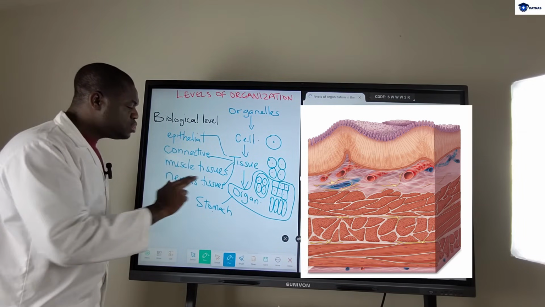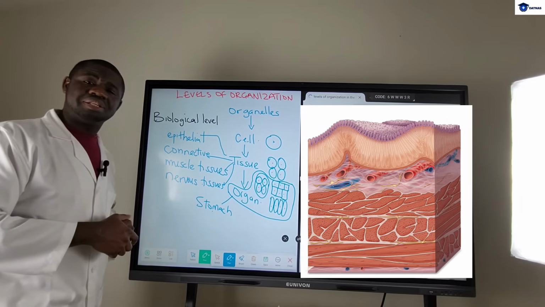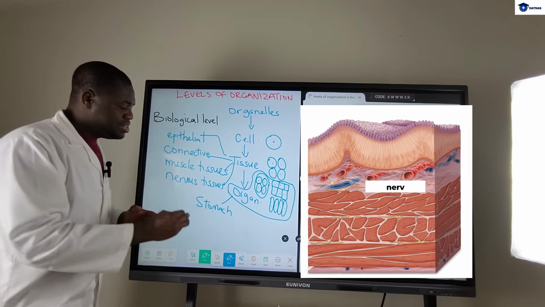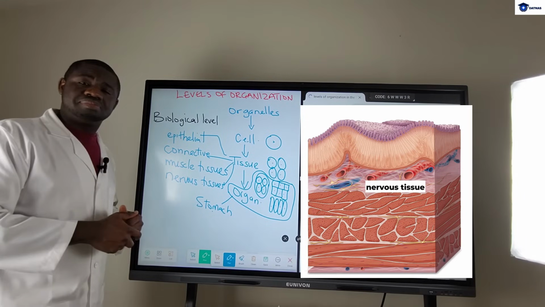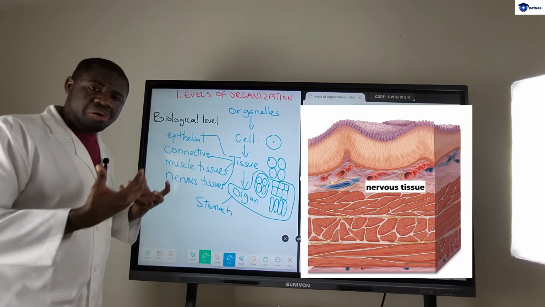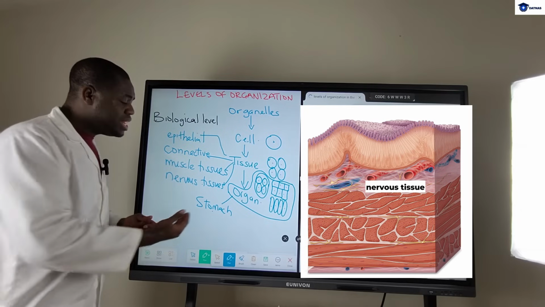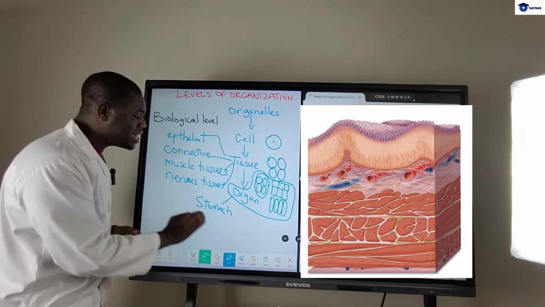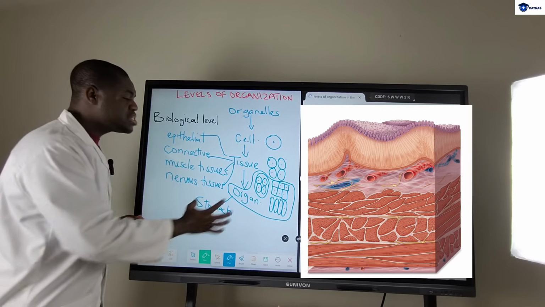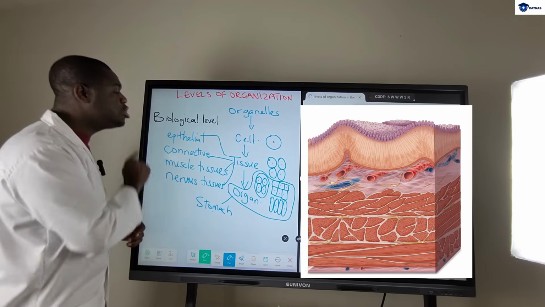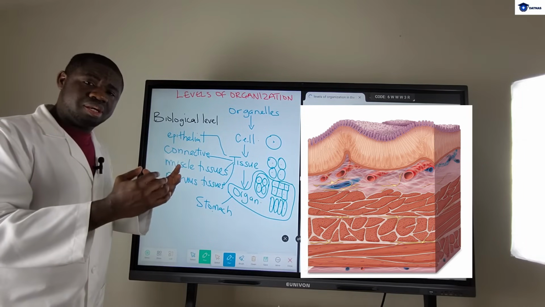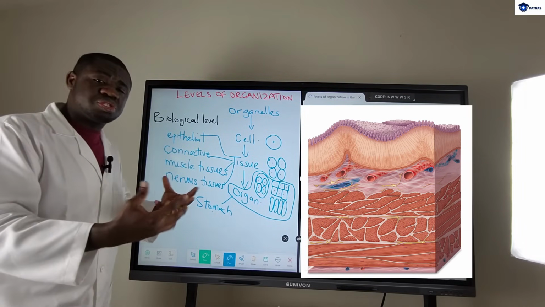The nervous tissues in the stomach are involved in stimulating the release of certain substances within the stomach. In other words, the stomach is an organ that consists of two or more tissues that have different shapes, different functions.